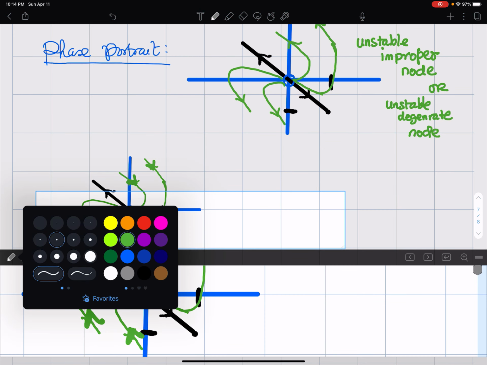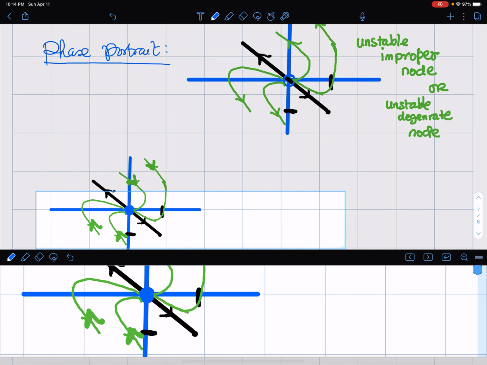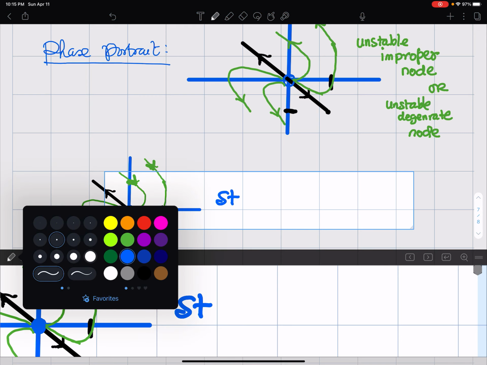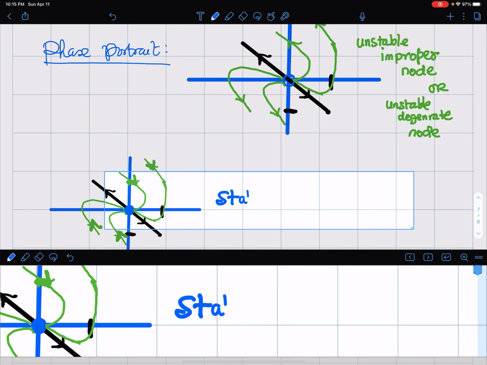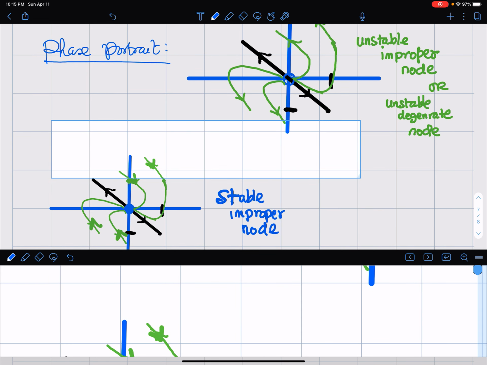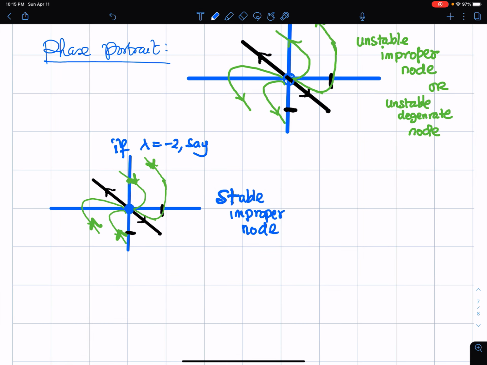And our fixed point will be stable. In this case, it's going to be called a stable improper node. So this is if the eigenvalue is equal to negative 2.